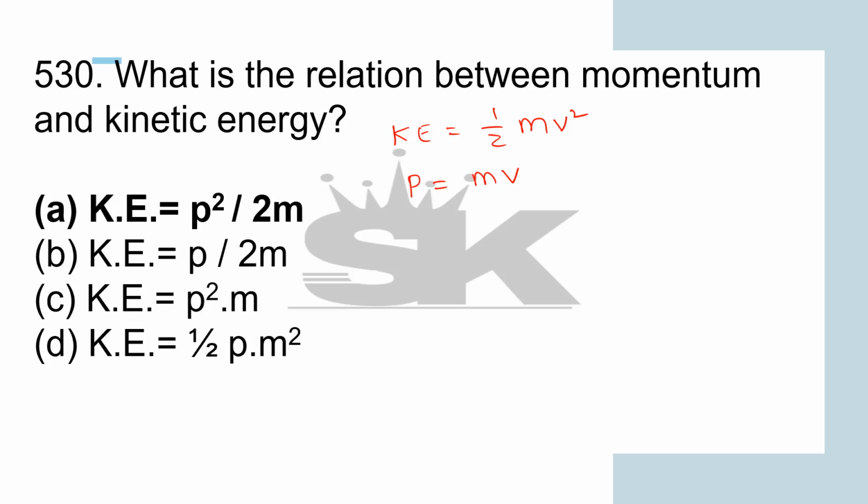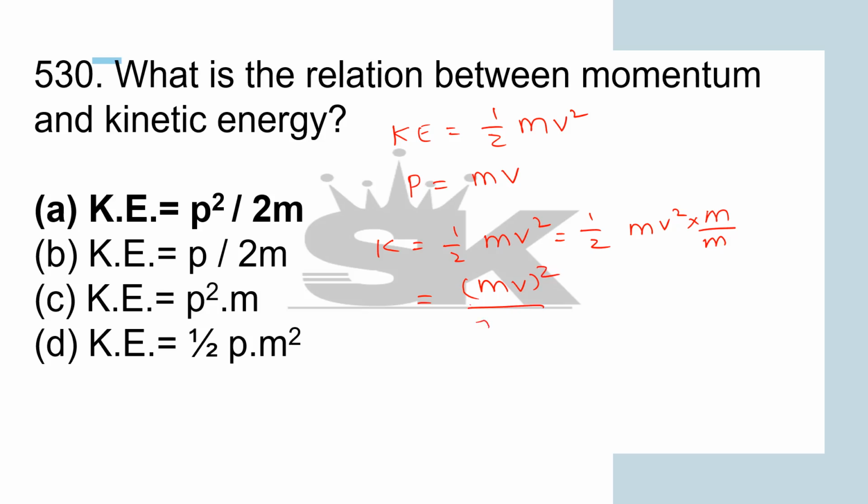Now K equals half mv squared. Let's write it in another form: multiplying and dividing by m, that is equal to mv whole squared by 2m.